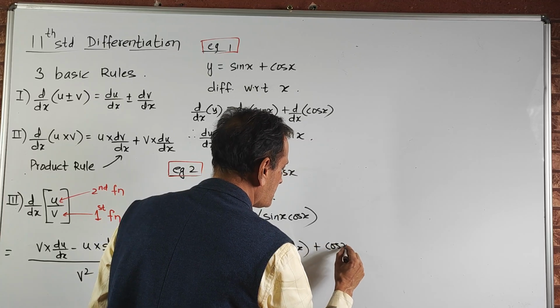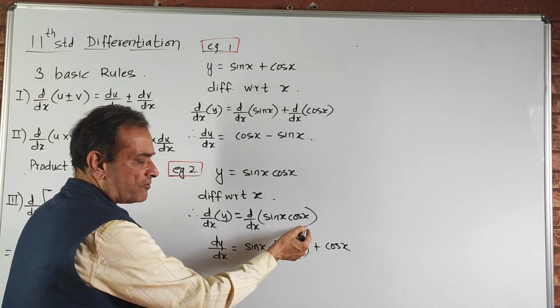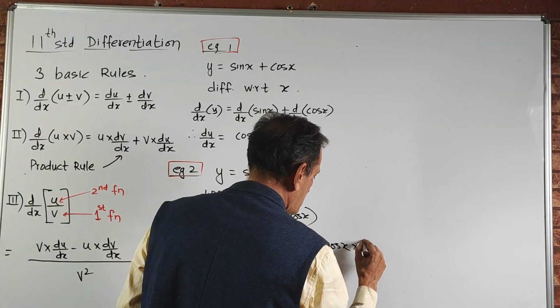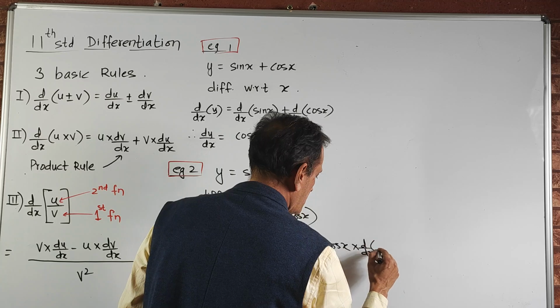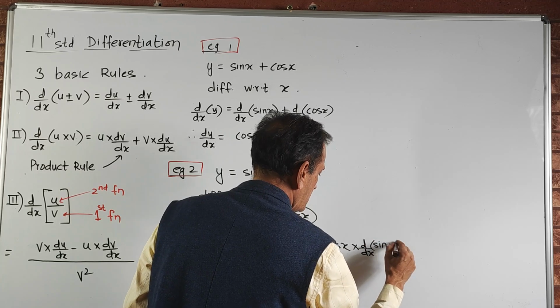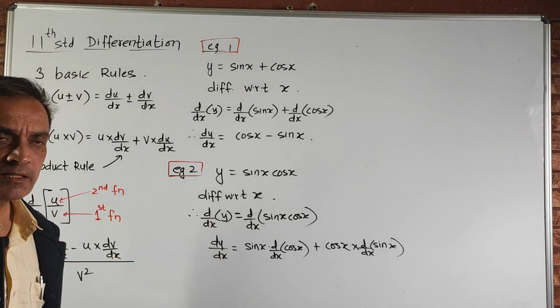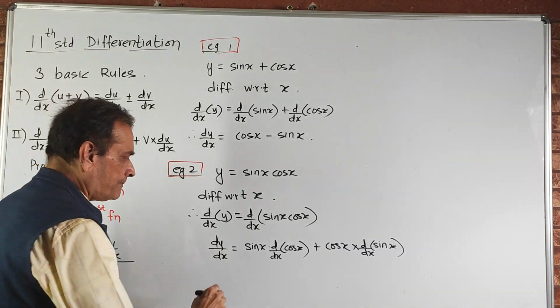Second function, go to the second function, वापस उल्टा हो, d by dx of sin x. ये है product rule. After writing the product rule, just use the basic formulae.